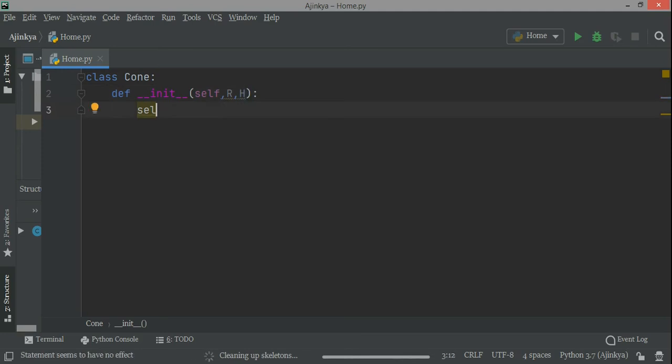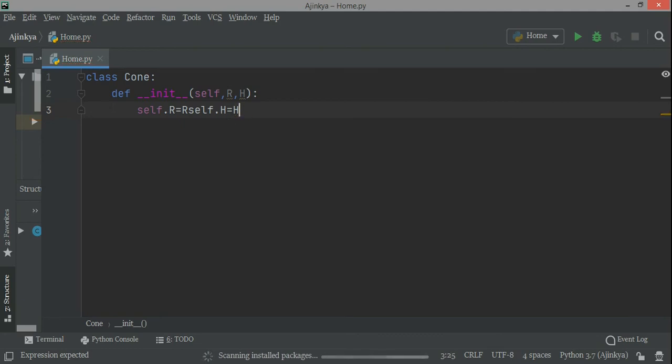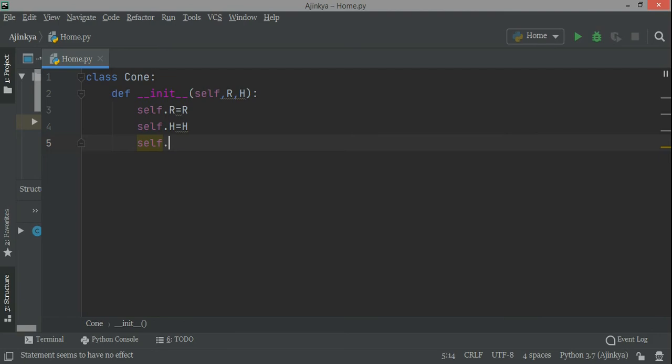We have three important variables: capital R, which is the original radius of the given cone, capital H, which is the original vertical height of the cone, and small h, which is the vertical height from the top where the cone has been truncated. These are the main three parameters, and the user will input these three things: capital R, capital H, and small h.